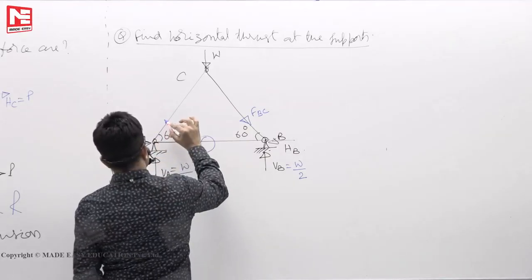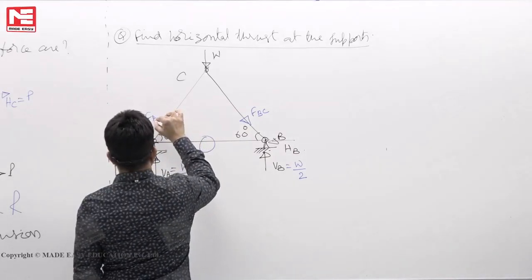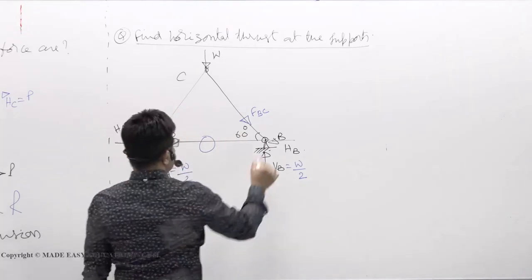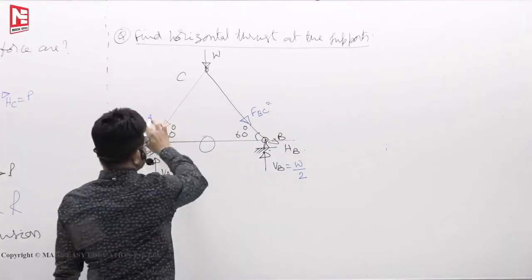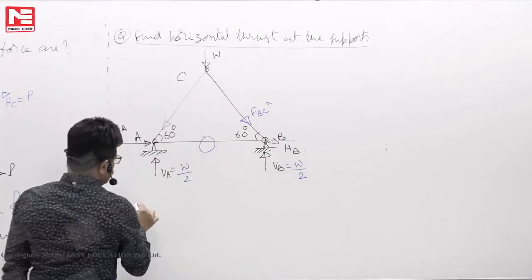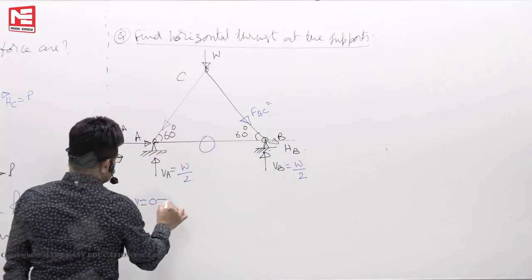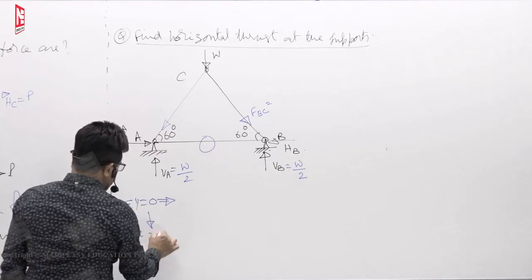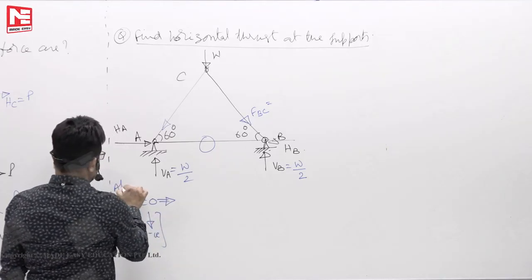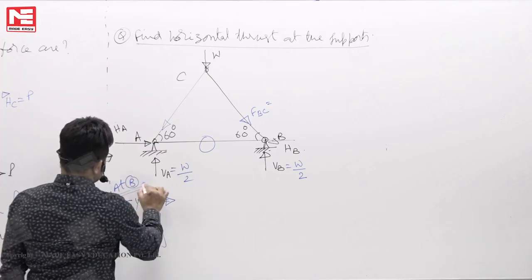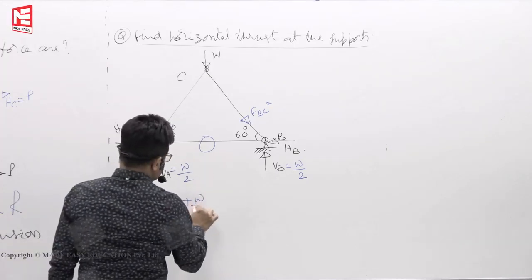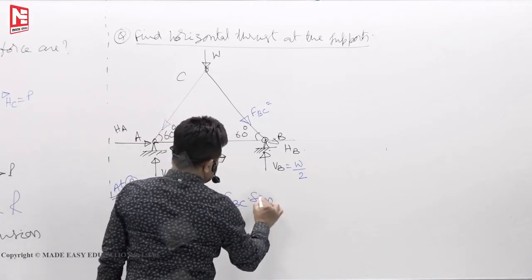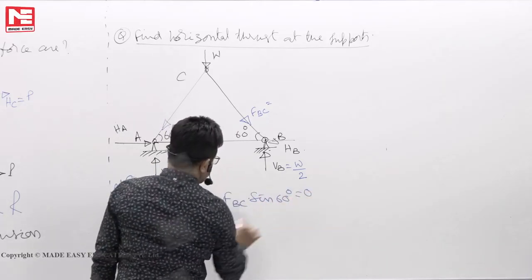Same is the case here because of the symmetry, the force in member AB. We'll see how much it is directly. We want to find the force in member BC. I can write sigma y equals 0, upward positive, downward negative, and we are writing this at B. Plus W by 2 minus FBC sin 60 must be 0.